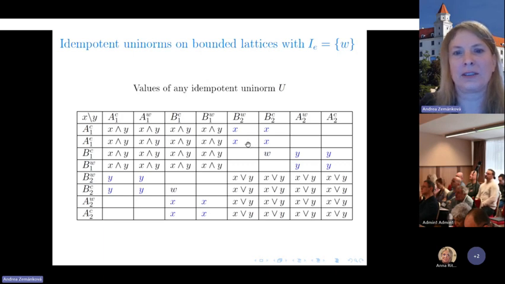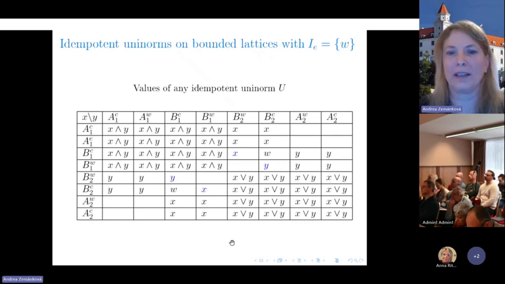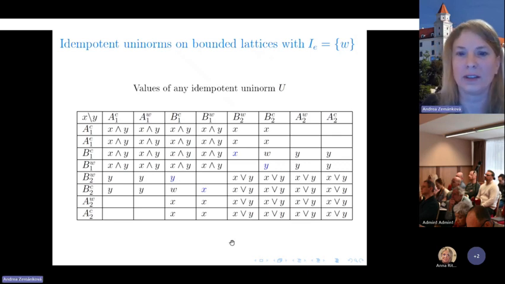Similarly, associativity implies that if our inputs are from opposite parts and one belongs to the set A and the other to the set B, then the result will be the corresponding input from the set A. And finally, if we have 2 points from set B, from opposite parts, where one is incomparable with W and the other comparable, the result will be the comparable input. So this is what can be shown quite easily by monotonicity and associativity.